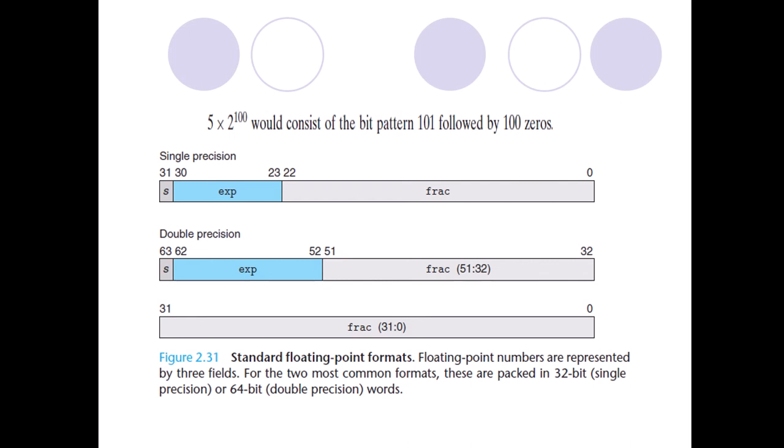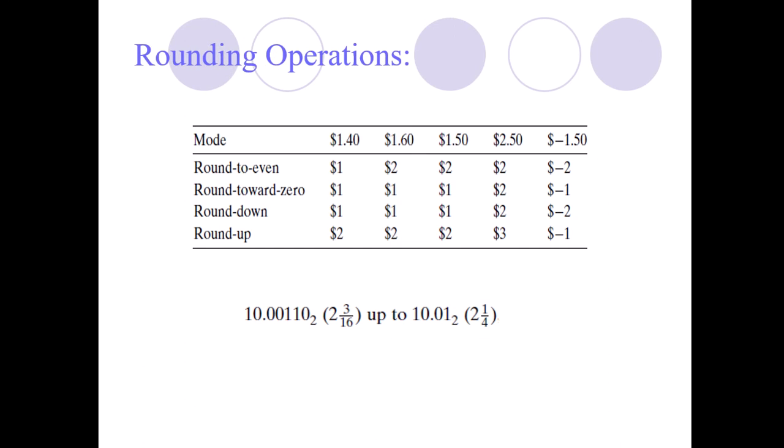For the case of double precision, the 63rd bit is used for sign, bits 52 to 62 are reserved for the exponent, and bits 0 to 51 are reserved for the fractional value. Round to even, these are already discussed in class.